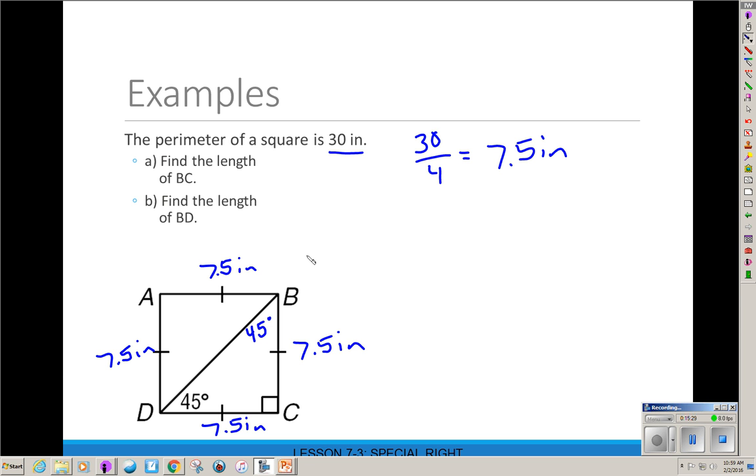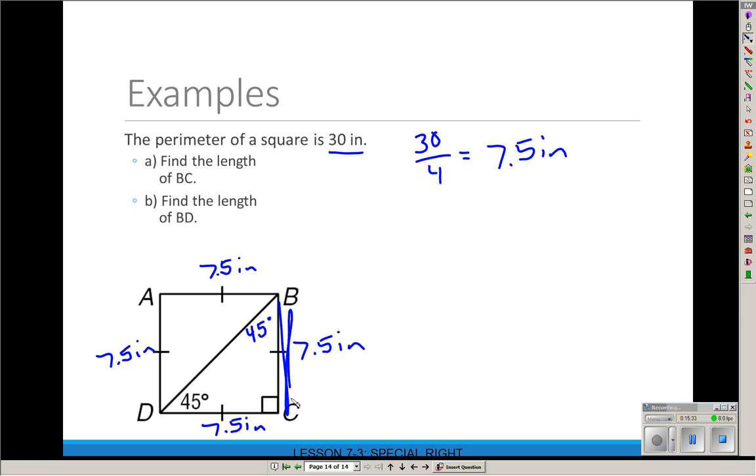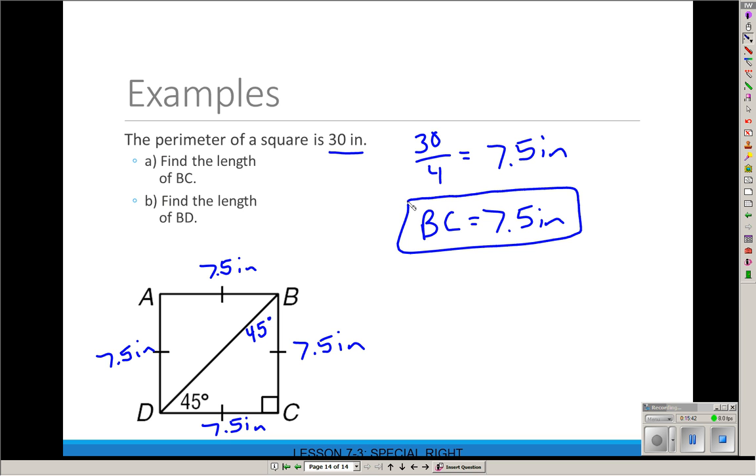And I can see already that I've answered question A, because A says find the length of BC, which I've done. The measure of segment BC is 7.5 inches. Then find the length of segment BD.